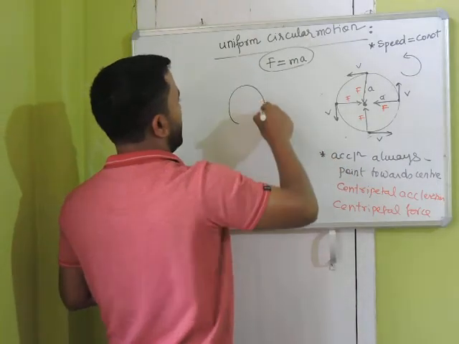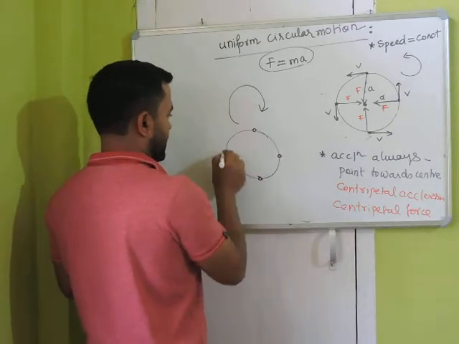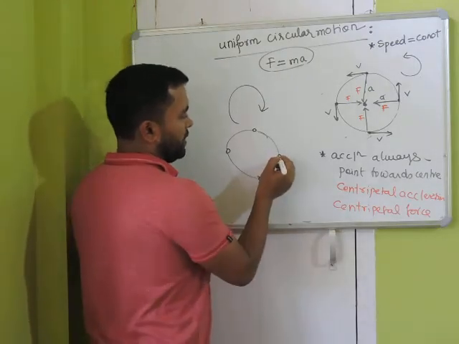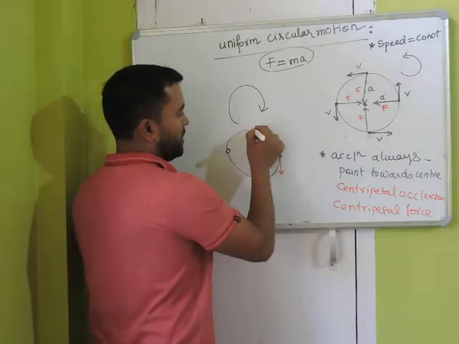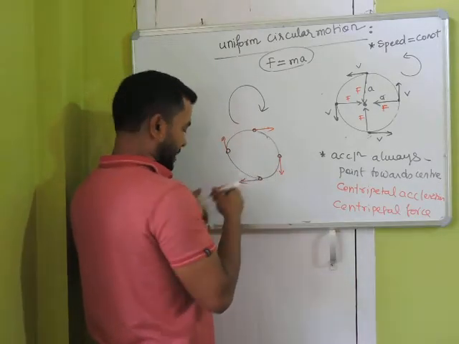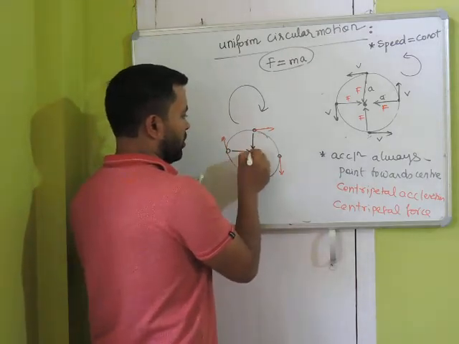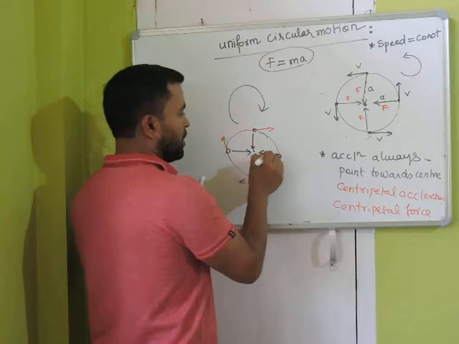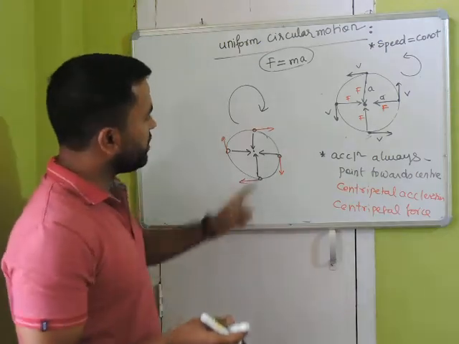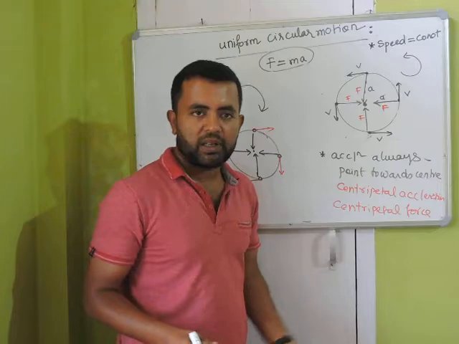If it goes clockwise like this, from here to here, then velocity will be tangential like this, but acceleration will always be toward the center, or force will always be towards the center. So whether it's going in a clockwise circle or an anti-clockwise circle, the acceleration and force will always be toward the center. That's why it's called centripetal force or centripetal acceleration.